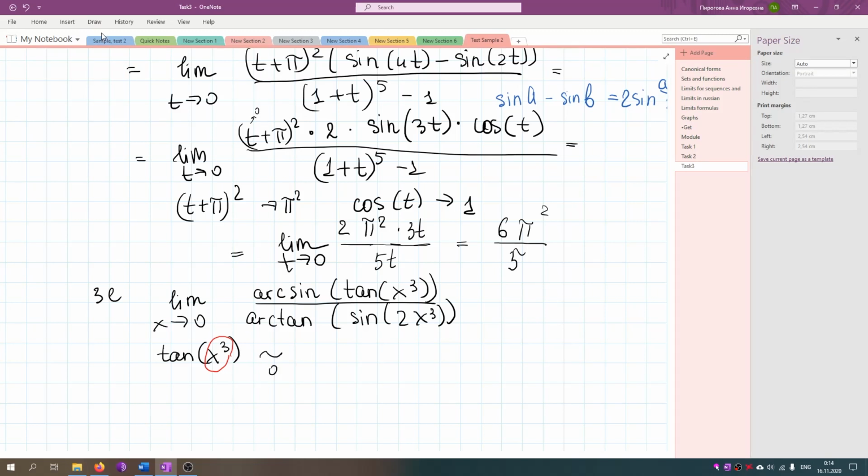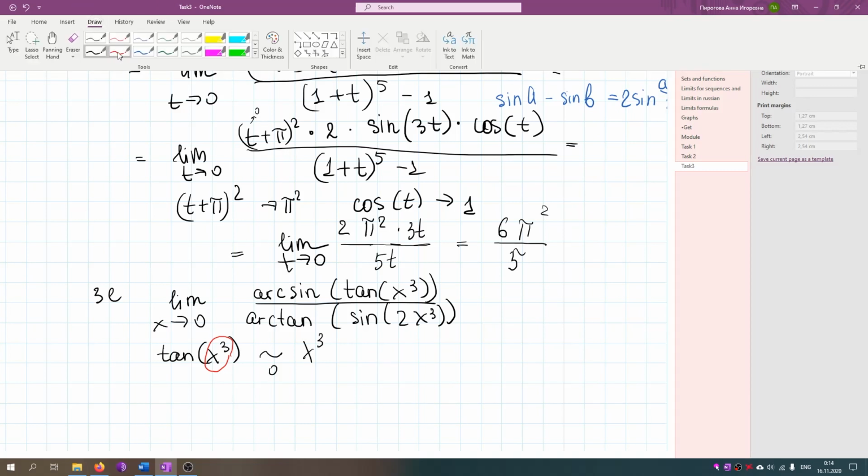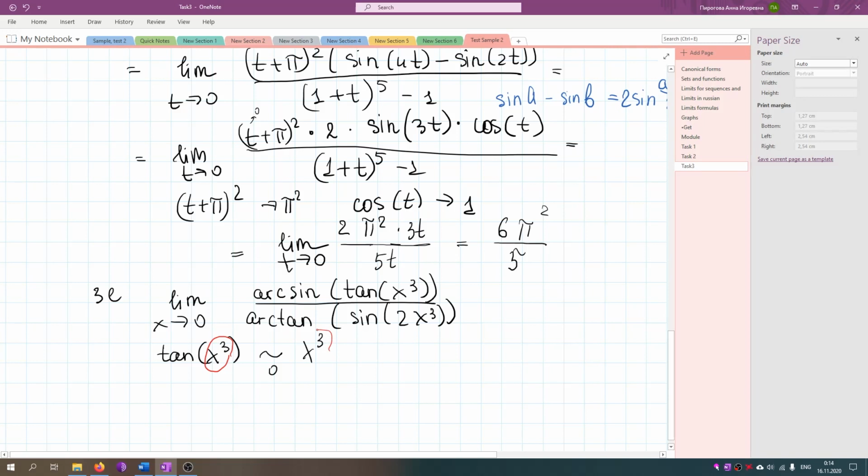So we will use it in our equivalent function. So now let's put this instead of tangent x in the third power, and let's look at arcsine of x in the third power.